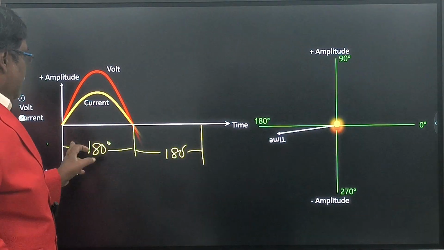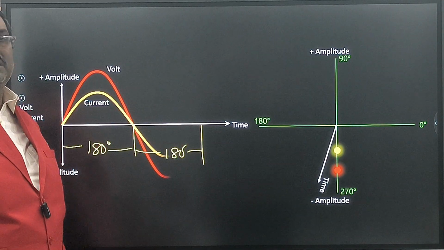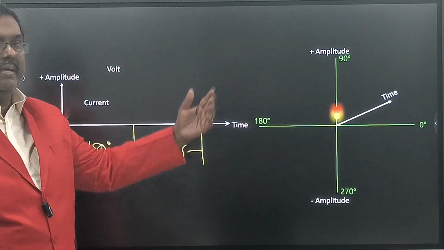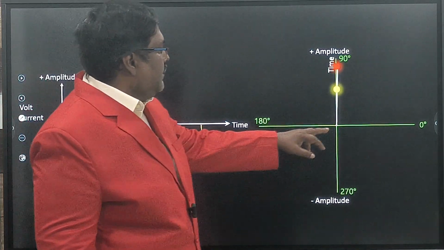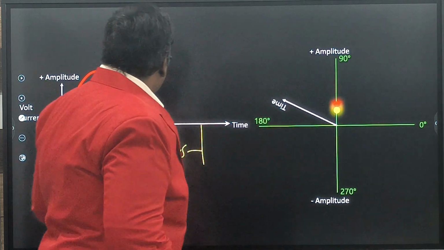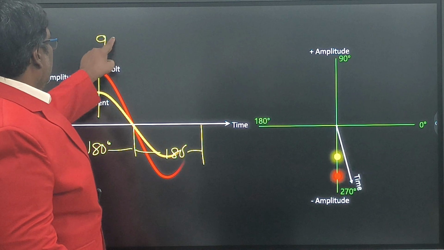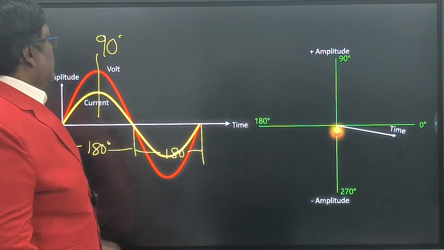Actually we are calling it degree because of this. Because the cycle keeps on repeating, no? So that is why we are calling it so. Every degree you see, 90 degree is the maximum. This is the 90 degree, this is the 90 degree, this is a 90 degree.